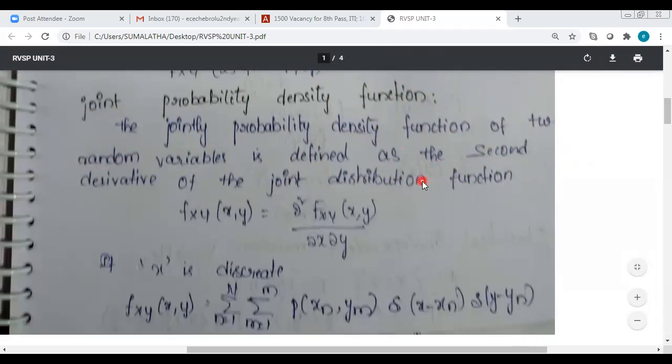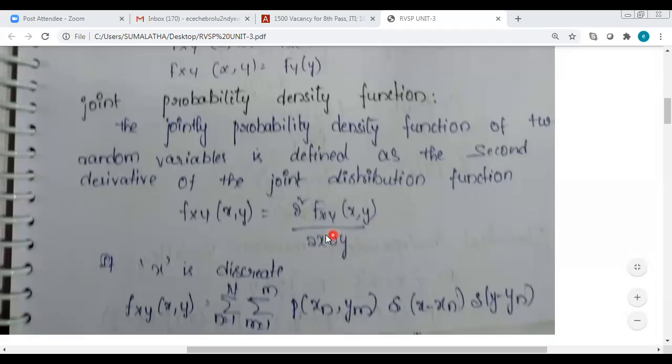Actually, previously when we took one random variable, how did we write the formula? Small fx of x is equal to d of capital Fx of x by dx. Here, in the joint probability density function, we consider two random variables, so the joint density function is small fxy of x comma y. Here two random variables will be there, that's why we are using partial derivatives: del square Fxy of x, y divided by del x del y. Here capital Fxy of x comma y is the joint probability distribution function.